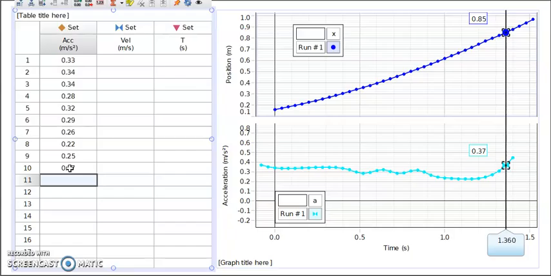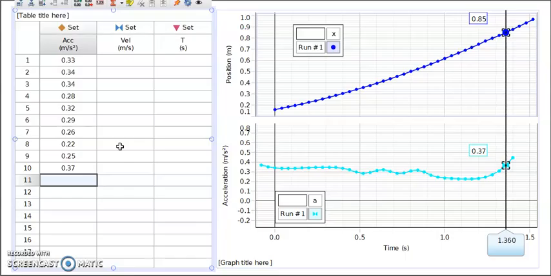So 0.33 plus 0.34 plus 0.34 plus 0.28 plus 0.32 plus 0.29 plus 0.26 plus 0.22 plus 0.25 plus 0.37 gives us a total of 3. We divide that by 10 data points, and that gives us an average acceleration of 0.30 meters per second squared.